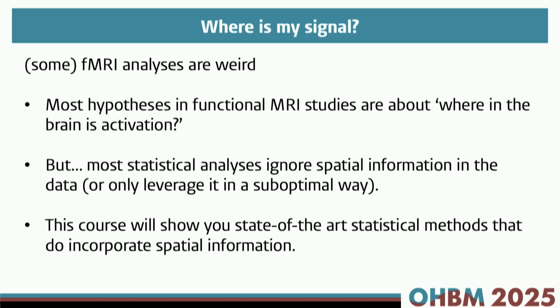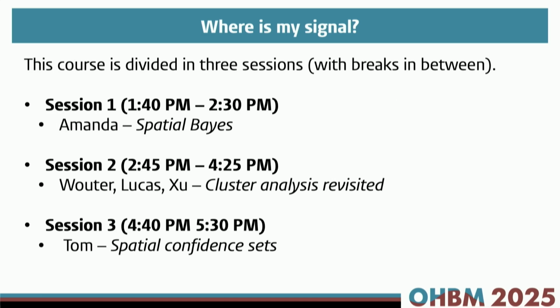And we have 3 sessions by topic. The first session is Amanda Mejia, who just arrived, and she'll take the first session on spatial Bayesian models, so that they take into account explicitly the spatial information that is present in the fMRI signal. The second session, I will present, and Lucas and Shu will show you different methods to tackle cluster extent analysis.